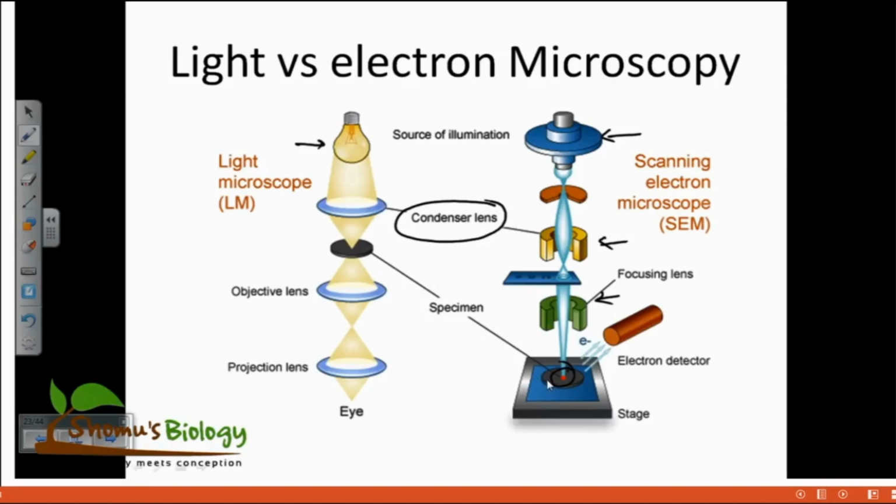So whatever electron is released from here will be detected by the electron detector that is present. And more than one variety of detector is present to detect different types of electrons that are coming out.